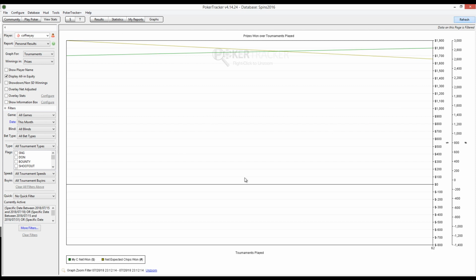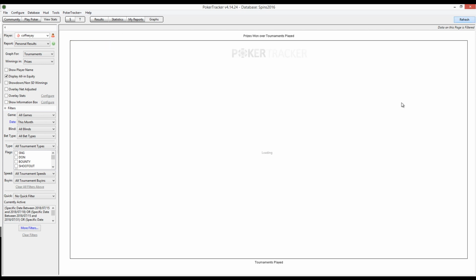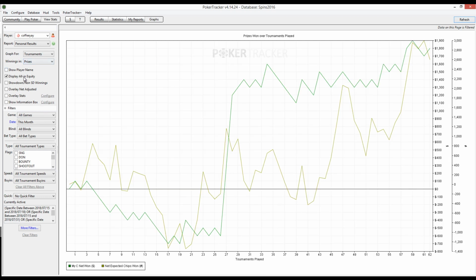So this can be really confusing to a lot of people. It'll look like their graph is doing really well, or they'll say they have a certain amount of dollar chip EV when this is not actually telling them that. So just be careful. If you're looking at all-in equity, make sure to put it in chip EV mode to avoid this confusion.